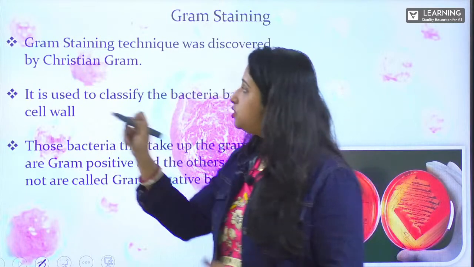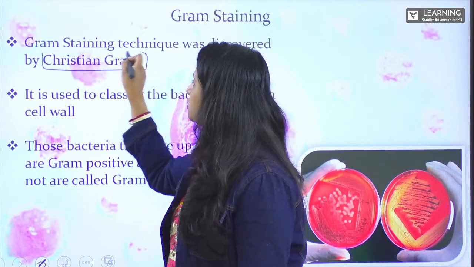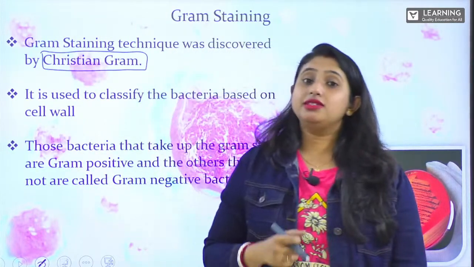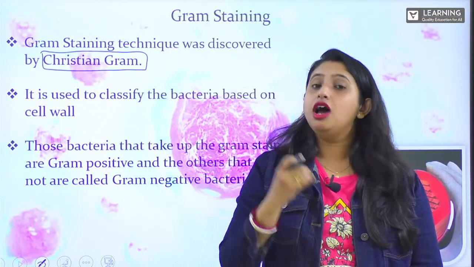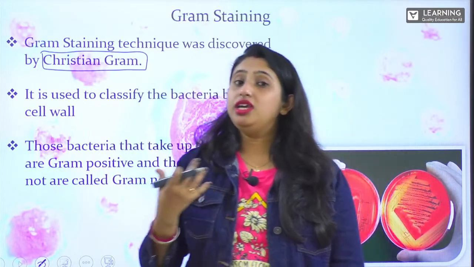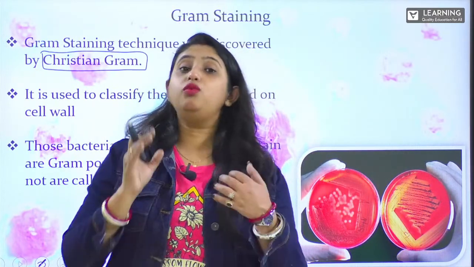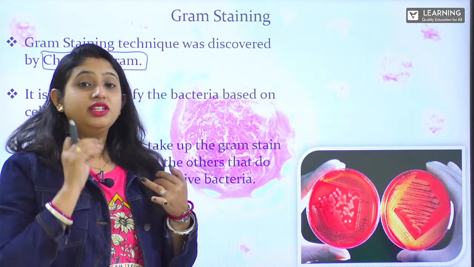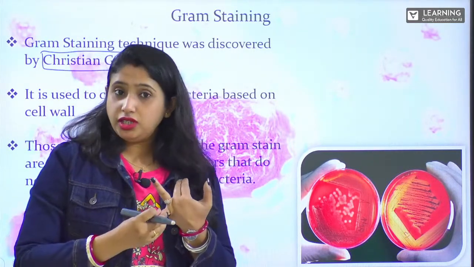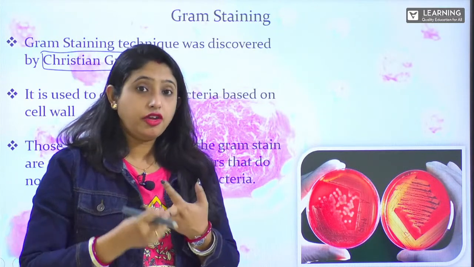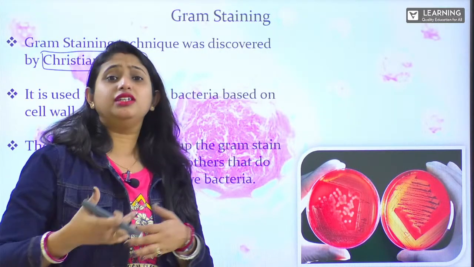He is the first person who did this staining process in order to identify the bacteria. Now, how did he do this staining process? For staining, you need some chemicals like safranin, alcohol, and iodine. These are the requirements.